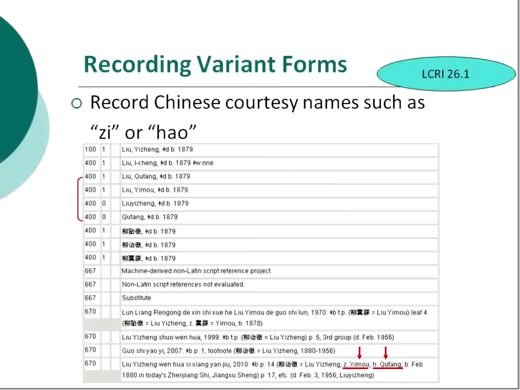So if you want to take a look at how the Zi and Hao type of courtesy names are constructed in the reference fields, I used a little, again, red pen to highlight what has been provided in the 670 fields and what is being provided in the 400 fields. So you may take a look at it later on if you want to know the construction of this type of references.